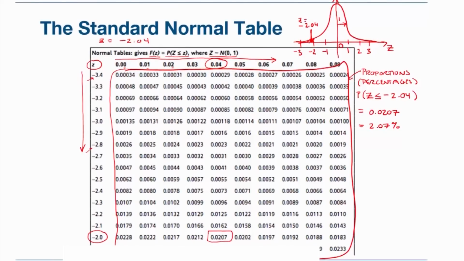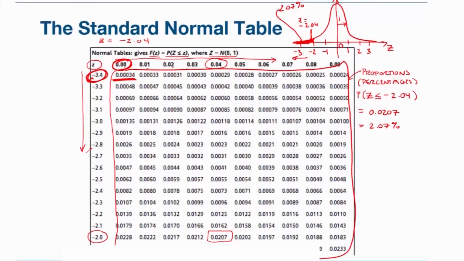Any value in this shaded part below minus 2.04 gives the proportion of values below that value, and you can see it's very, very small. So this shaded part is going to be 2.07%. What you can notice from the table is that for z moving even further away from the mean, say z equals minus 3.40, the proportion is very, very small.